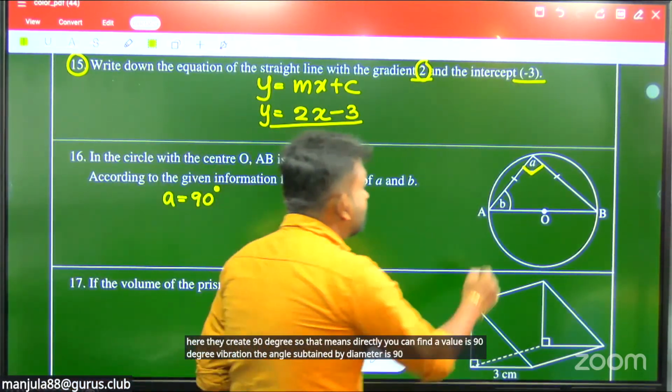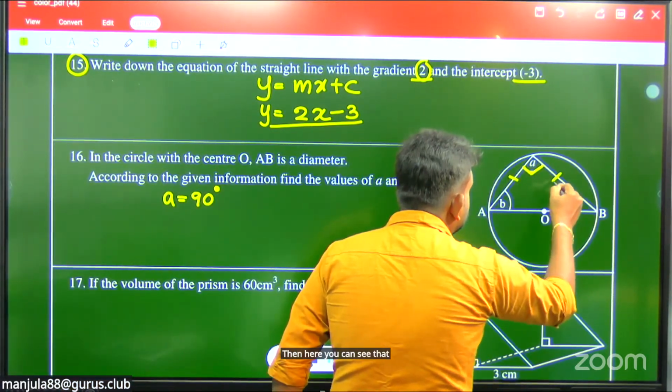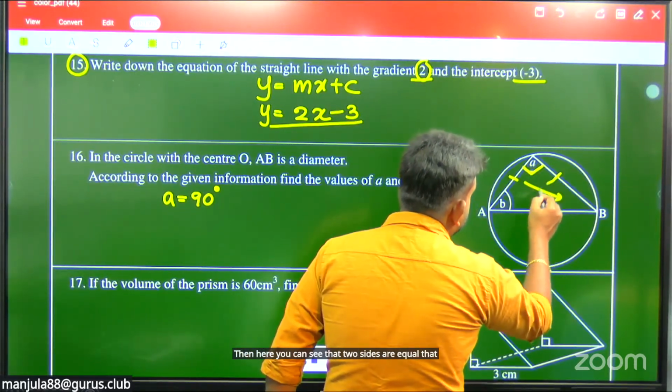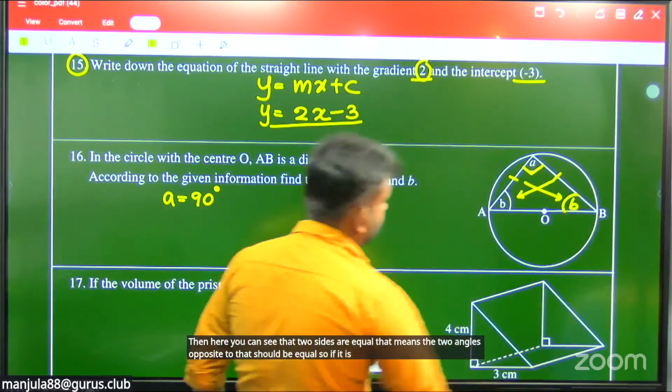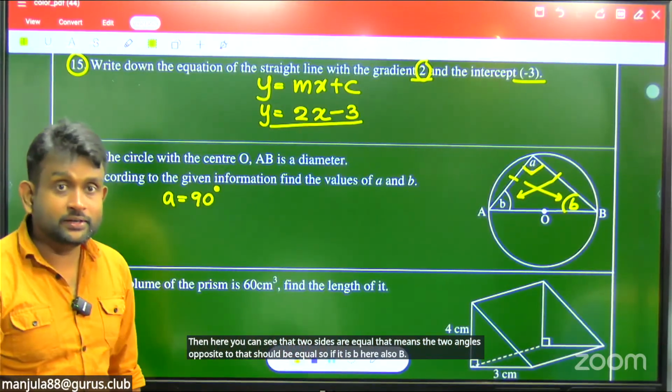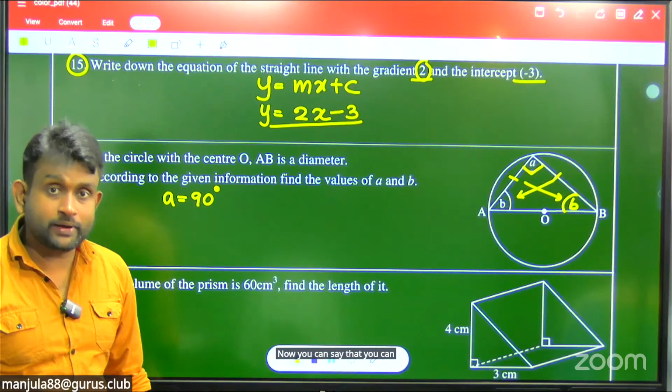Then here you can see that two sides are equal. That means the two angles opposite to them should be equal. So if it is B here, here also B. Now you can add up these three angles to 180.